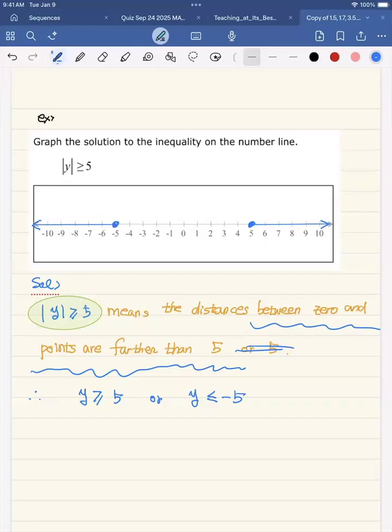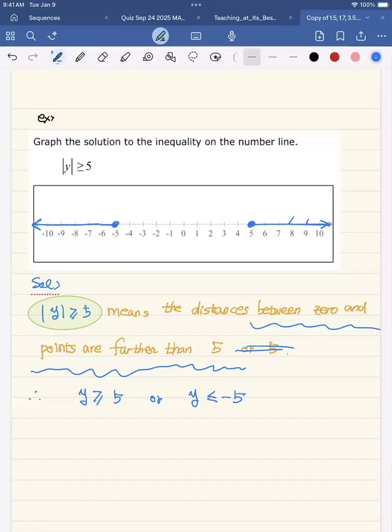So on the right side of 0, it will start from 5 and we draw the right arrow because any number on the right side will have distance greater than 5. With similar reasoning, we draw the left arrow starting from negative 5. So we have a right arrow and a left arrow on the number line.